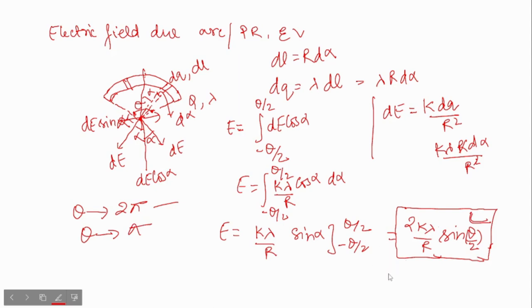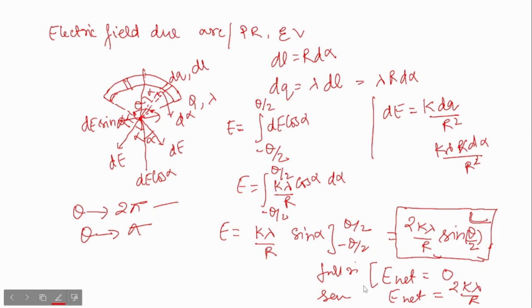So for a charged ring, theta is 2 pi, which means the field comes out to be 0. For a semicircular ring, theta is pi, so the answer will be 2k lambda by r. The zero is for the full ring, and 2k lambda by r is for the semicircular ring. In this way you can find the electric field.